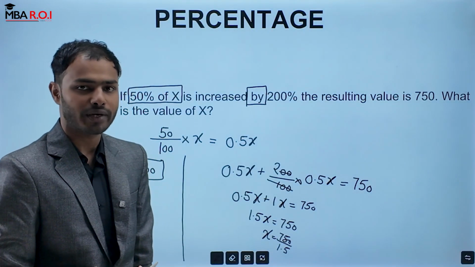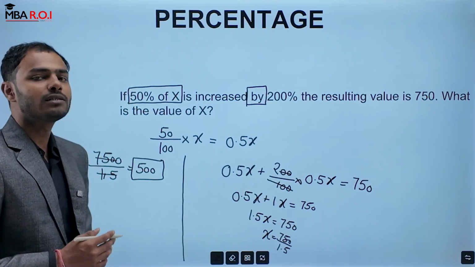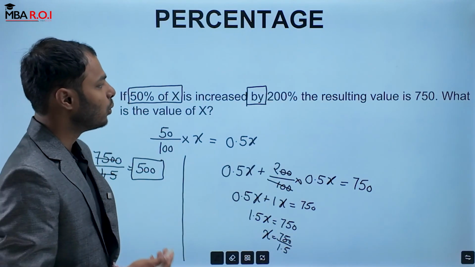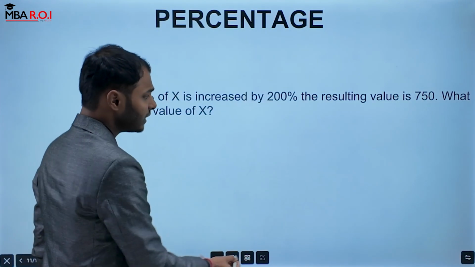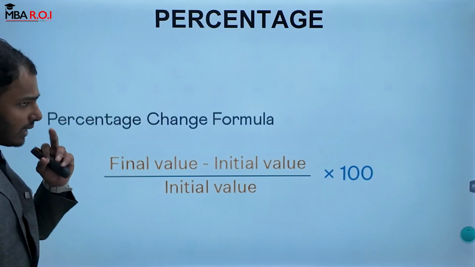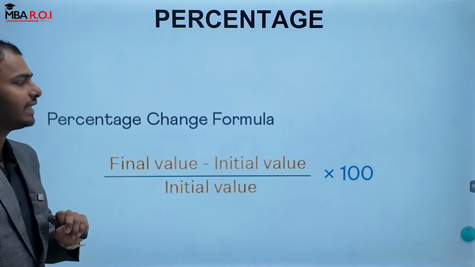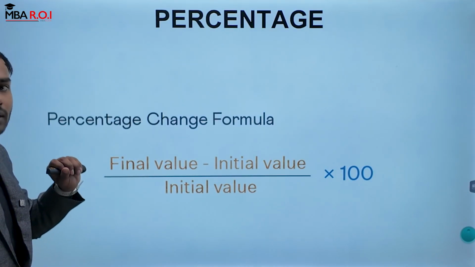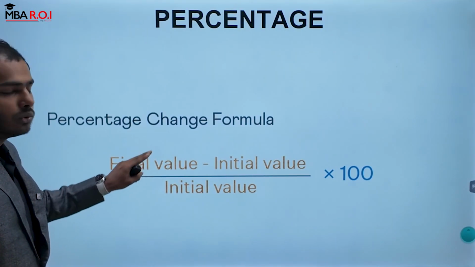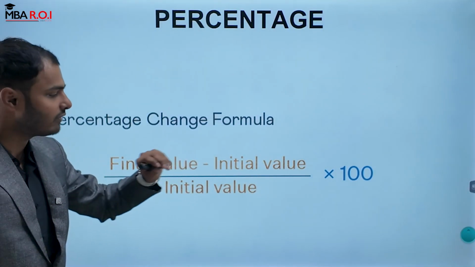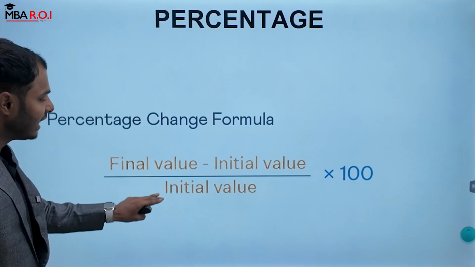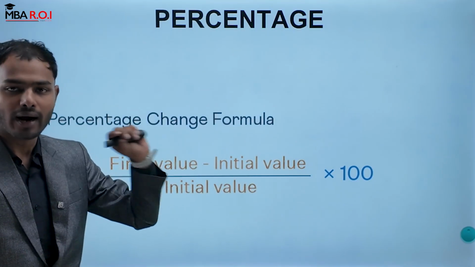I hope you get this question. Now let's move on to the next part, which is percentage change. This is the formula to calculate percentage change: final value minus initial value, divided by initial value, into 100.